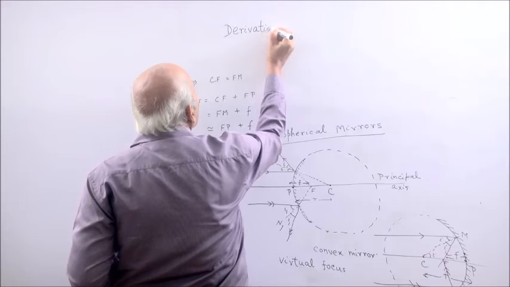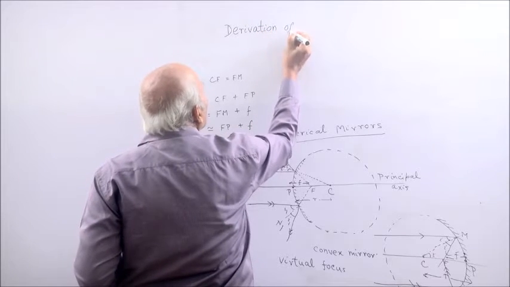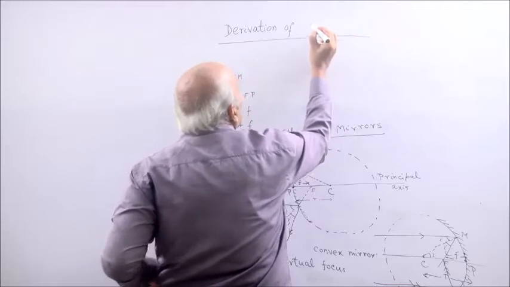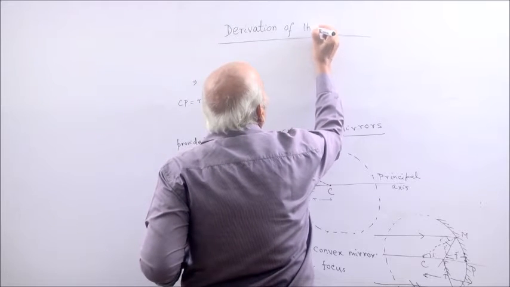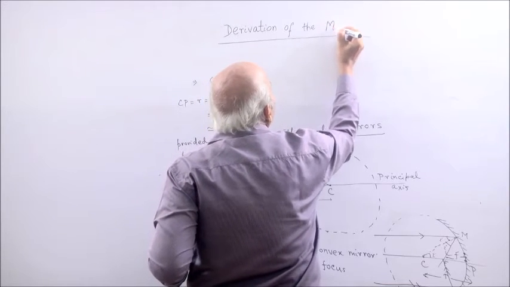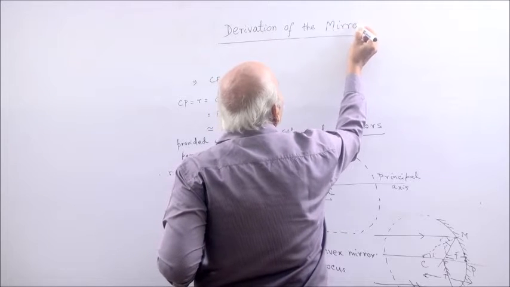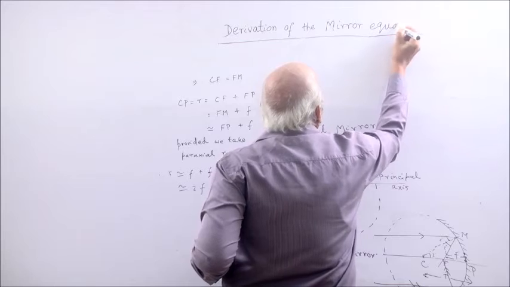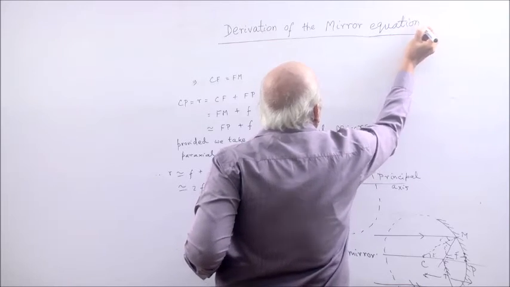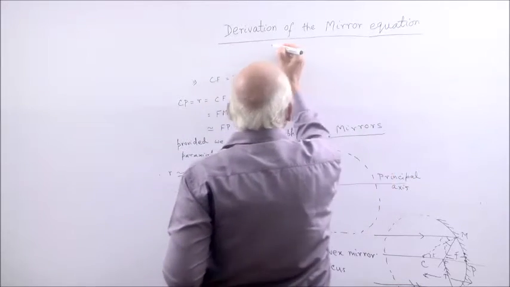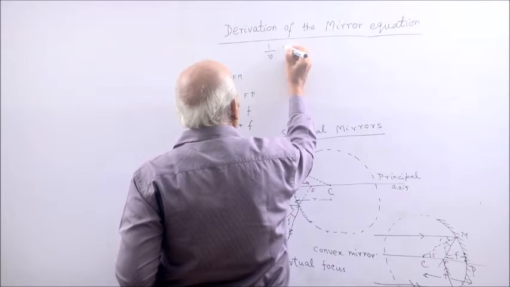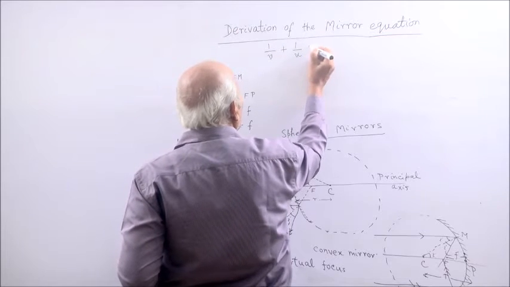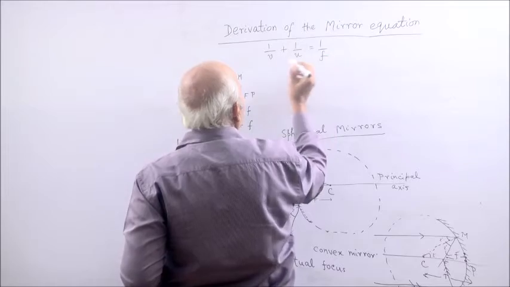Derivation of the mirror equation: 1 by v plus 1 by u is equal to 1 by f.